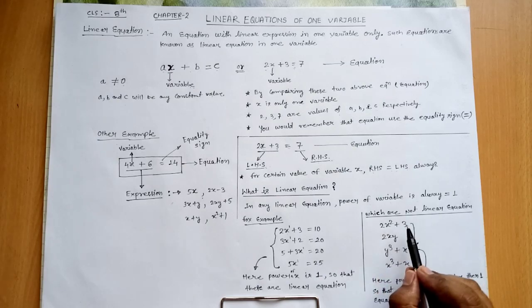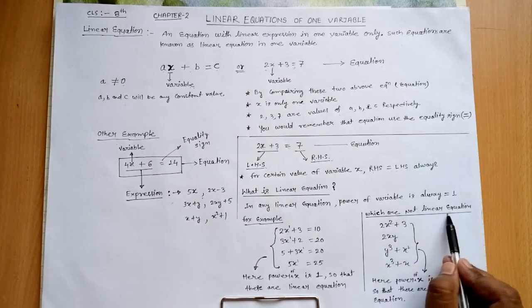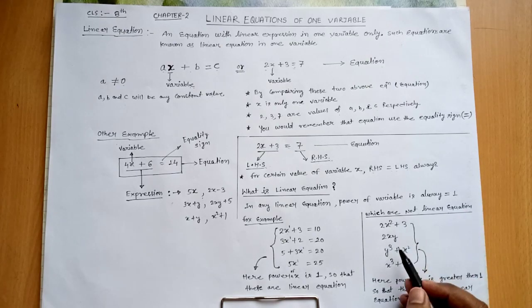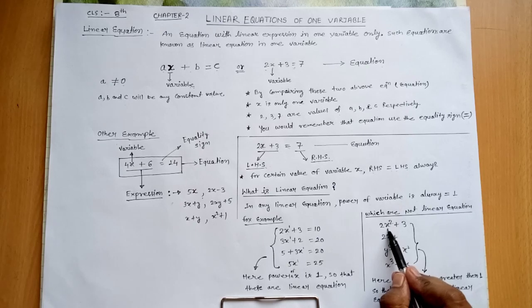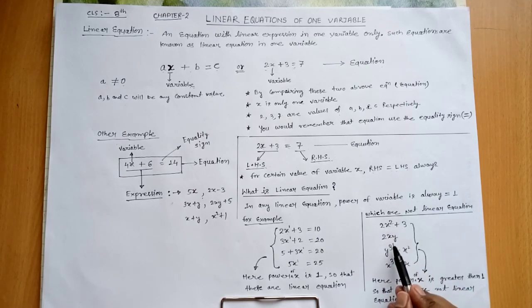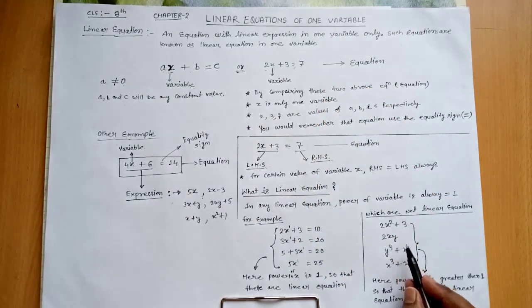Now which equations can't we consider linear? Here I have written 2x square plus 3, 2xy, x to the power 3 plus x square, x to the power 4 plus x. Here x is a variable whose power is 2. Here there are 2 variables, but we are studying one variable, so this is also not a linear equation.